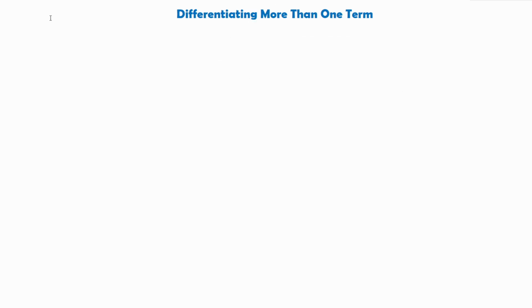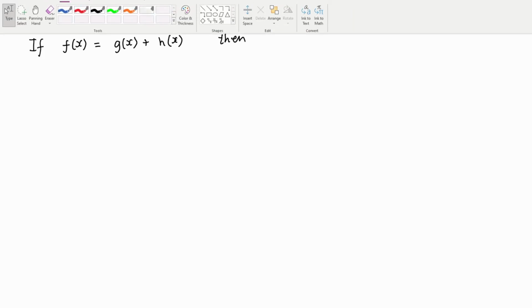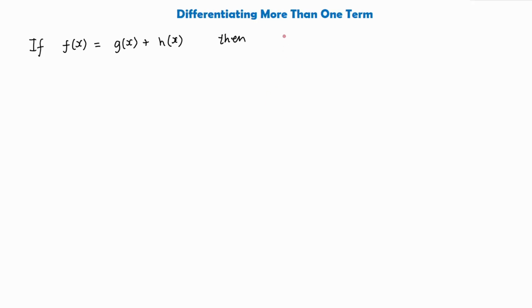Well, we're going to start with a bit of a general formula. We say that if a function, let's say f of x, is equal to more than one function, such as one function g of x plus another function h of x, and remember these are of the form x to the n or a x to the n, then we would say that the derivative, which again we're going to call f dash x, is simply the derivative of each term.